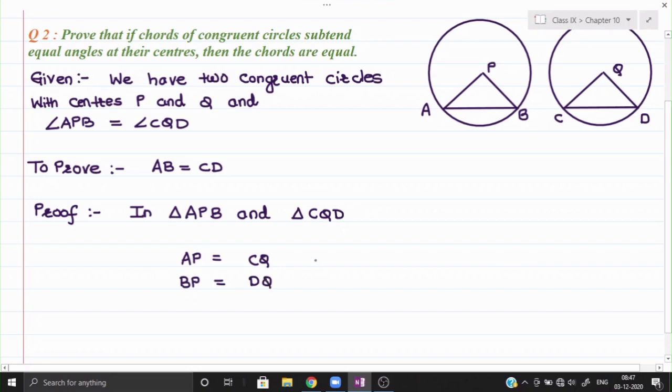These two are equal because we are given that the circles are congruent, and we know that if two circles are congruent then they have the same radii. So here we give the reason: congruent circles have same radii.